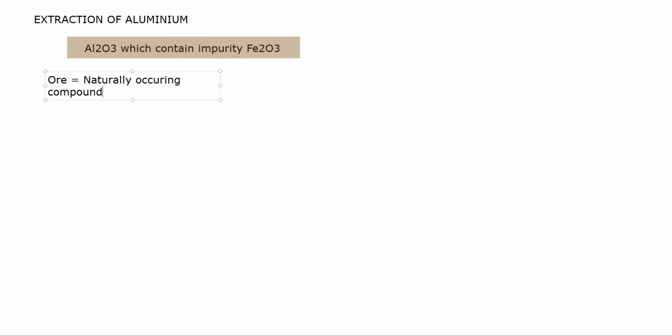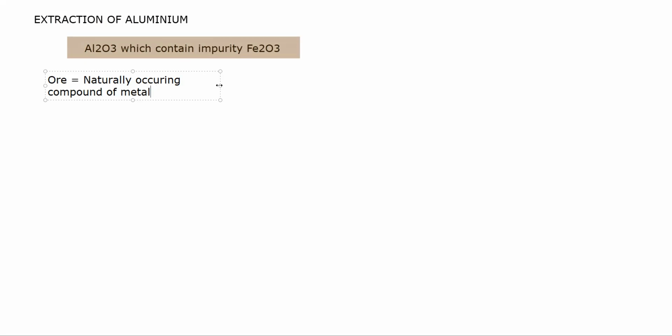Naturally occurring compounds like these are known as ores. The term ore means a naturally occurring compound of metals.